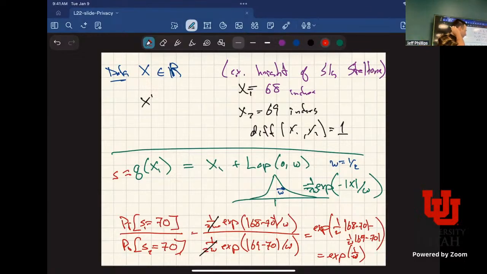So it always simplifies to the exponent of 1 over W. So if I set W equals 1 over epsilon, then this equals exp epsilon, right?